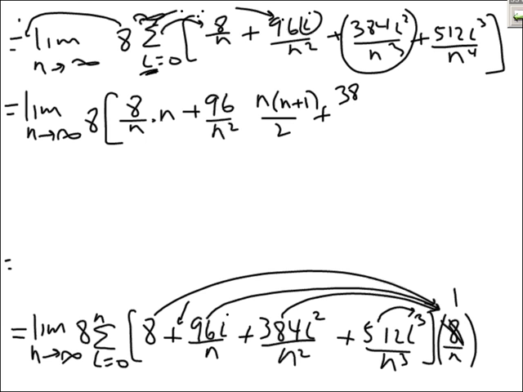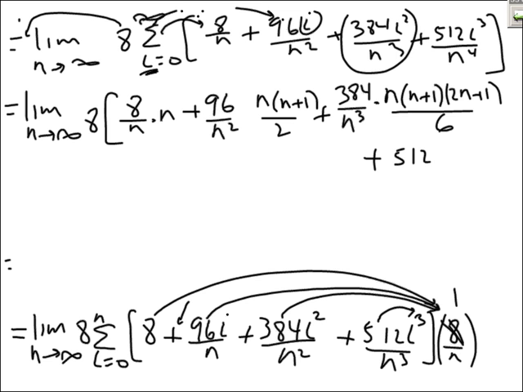This 384 over n cubed is a constant, times the summation of i squared, which is n times n plus 1 times 2n plus 1 over 6, plus the 512 over n to the 4th times the summation of i cubed, which is n squared times n plus 1 squared over 4.